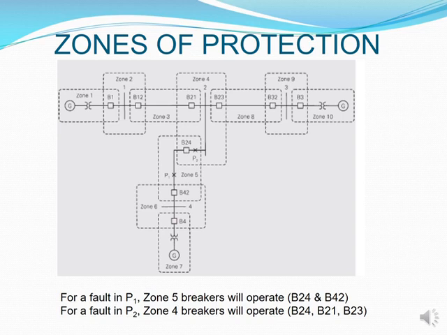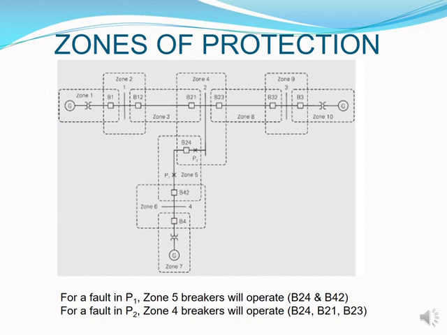So if you had a fault where P1 is at, then because it's on zone 5, the breakers of zone 5 would open to isolate that fault. And two of the breakers of zone 5 are B42 and B24.